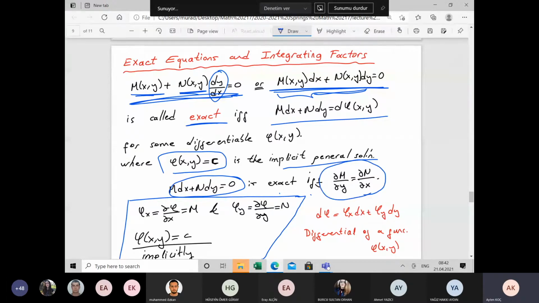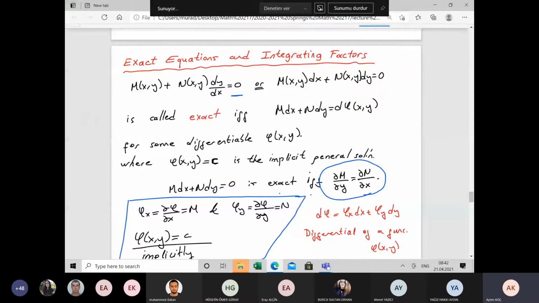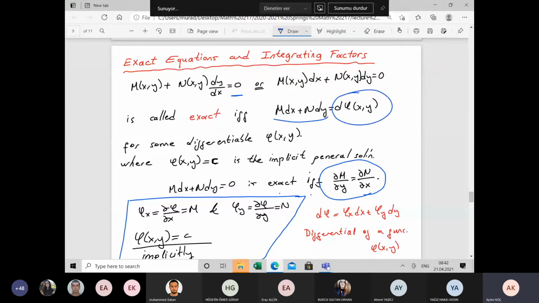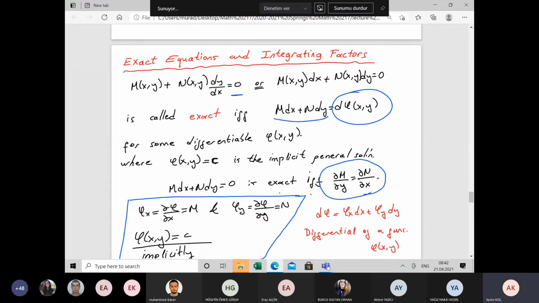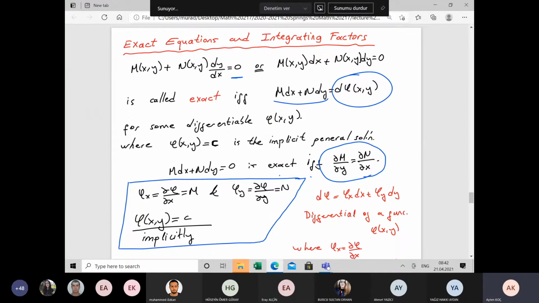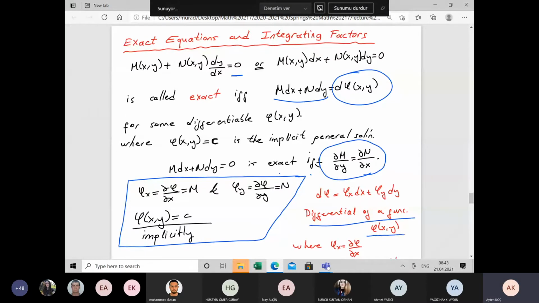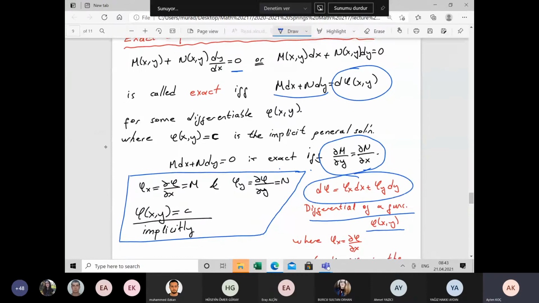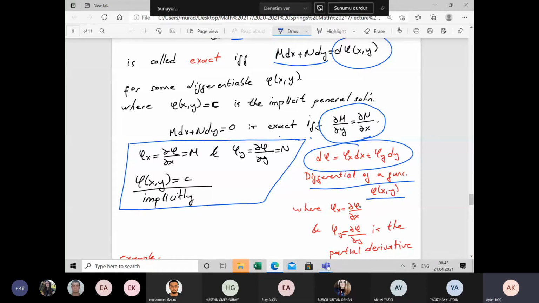So what is the reason? Look at the definition of exact. We know from the calculus class that the differential of a function phi(x,y) is phi sub x dx plus phi sub y dy, where phi sub x is the partial derivative with respect to x and phi sub y is the partial derivative with respect to y.